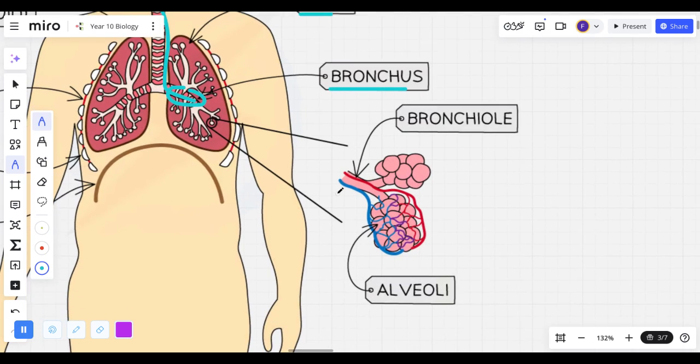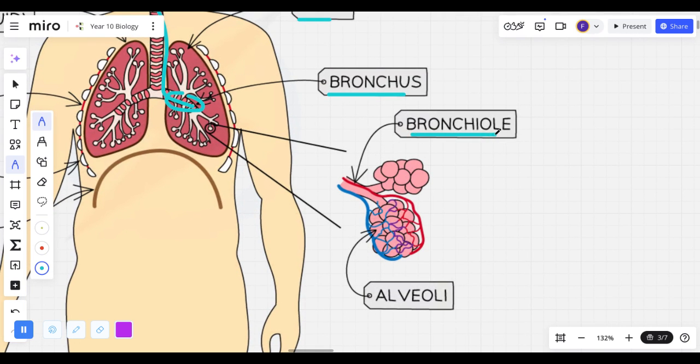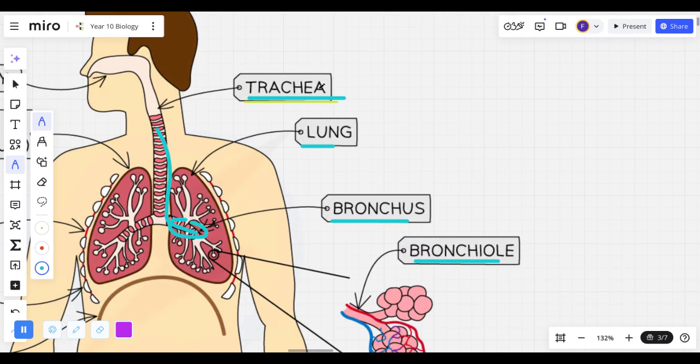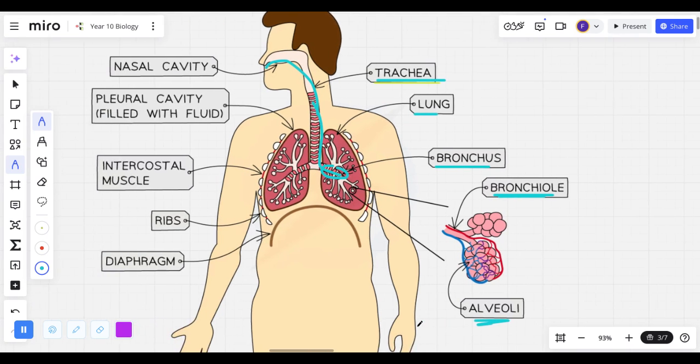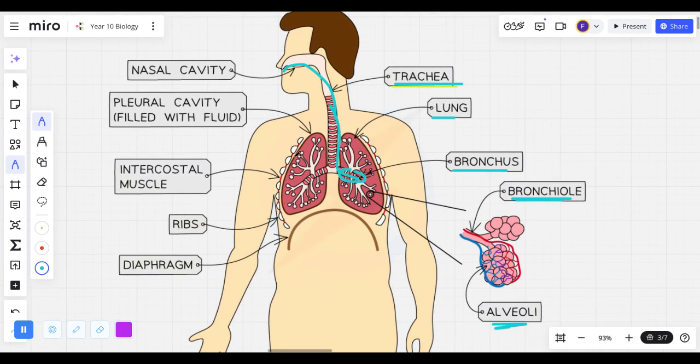And they then break down into smaller ones, bronchioles. So the air would go, actually, let's do it from the beginning. Nasal cavity, up your nasal cavity, down your trachea, into your bronchus, then into your bronchiole, and then into your alveoli.